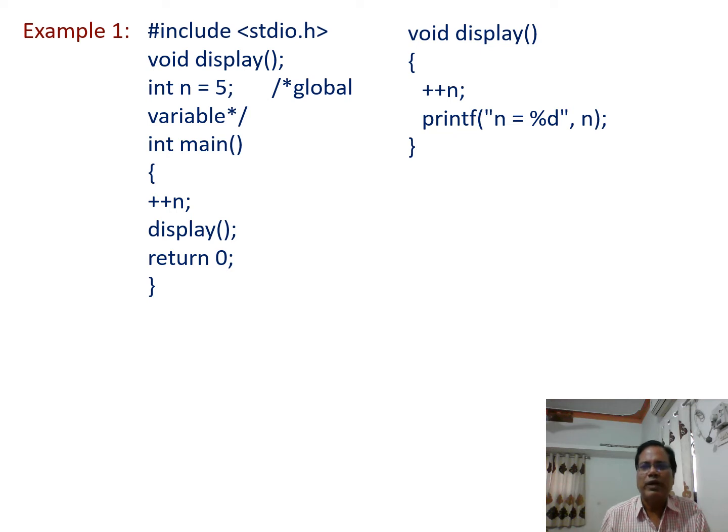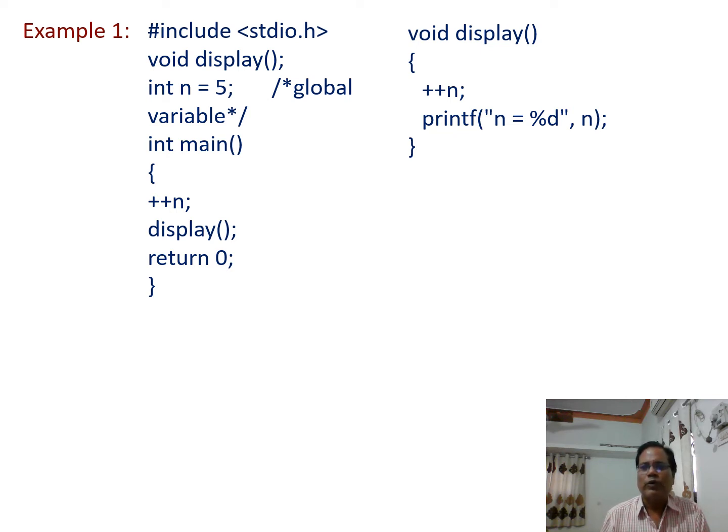This variable can be accessed by any function in the program, so we are using the variable n in the main function as well as the display function. The value of n is incremented from 6 to 7, and using the printf function this value gets printed.